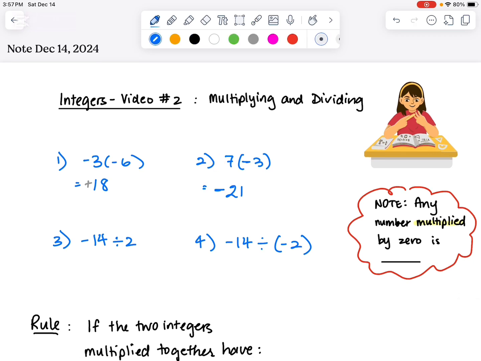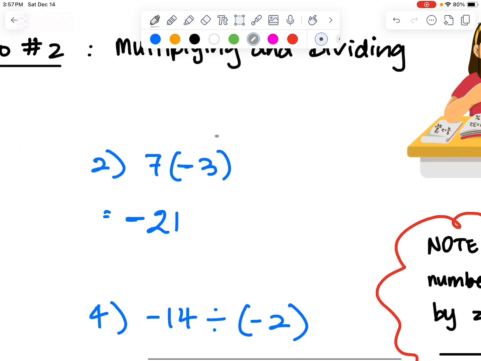Now I do want to pause for a second, and I want to be very clear. Sometimes what we get mixed up with is, for a question like this, sometimes people see it as a subtraction question. So just be careful. The difference here is that I've got a bracket, and so it says 7 times whatever's in that bracket.